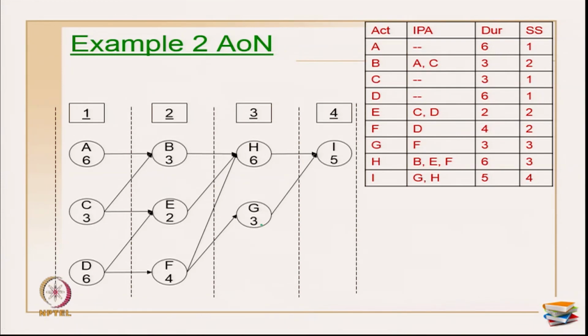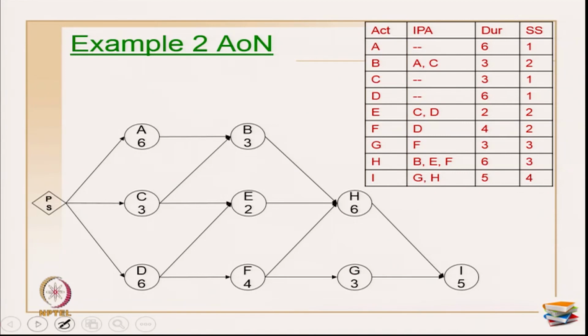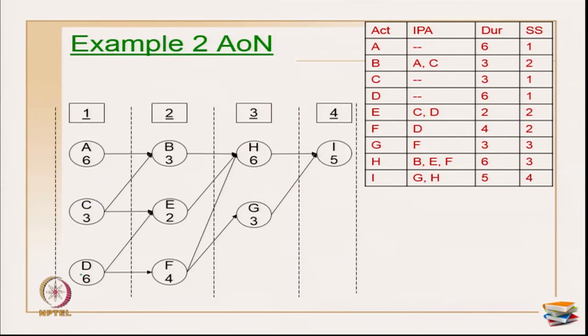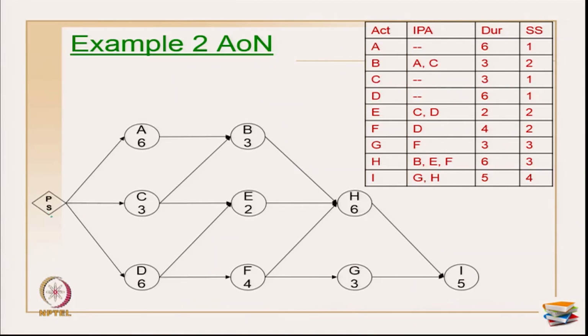Here I have moved activity G down because I know it would be crossing if I put it on the other side. Since I have 3 activities at the start, I wanted to avoid dangling, so I have introduced a project start, which can be in the same shape as an activity, and it has a duration of 0. This is only to avoid the dangling of the activities, and this is my entire final network.